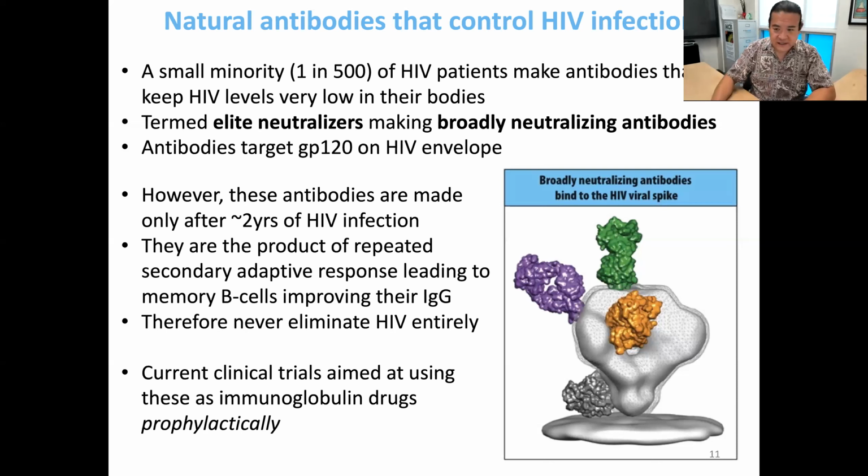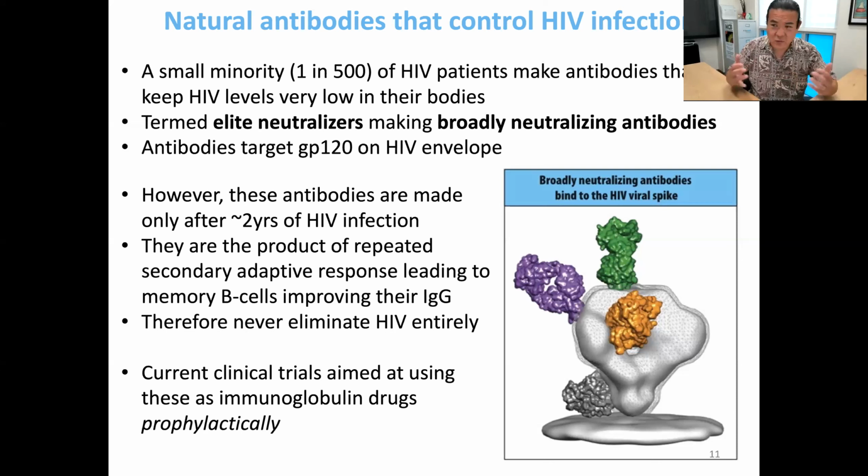The downside of this is that usually these antibodies are made only after about 2 years of HIV infection, right? Because again, most likely these are not antibodies that the patient started off with. These are antibodies that, through the process of repeated hypermutation, repeated antigen affinity maturation of their memory B cells, arrived at these shapes.